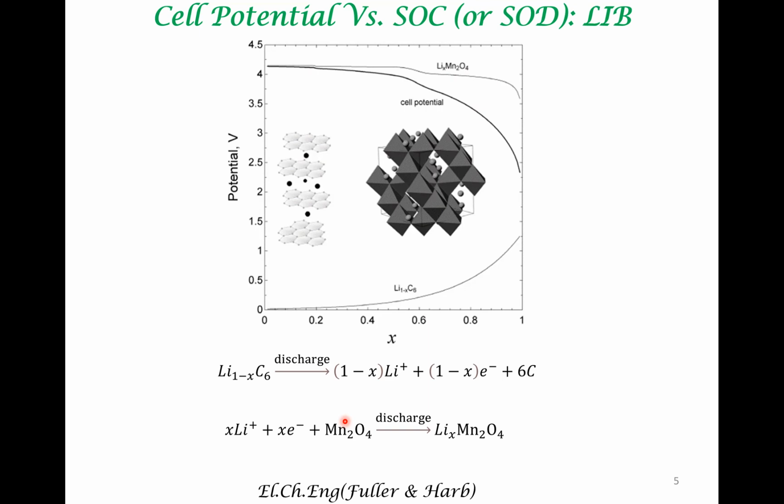For a lithium ion battery, both these energetics can be empirically measured using a lithium based reference electrode. See, in a full cell, this is one electrode and this is another electrode. But you can also measure the energetics using this electrode and a lithium based reference electrode.